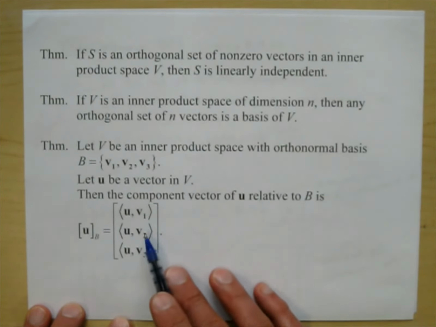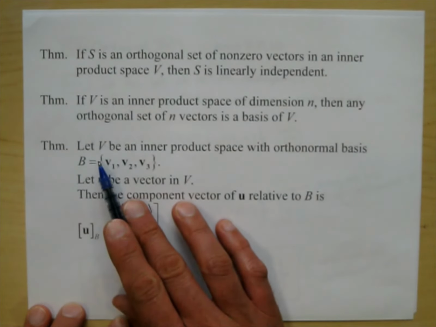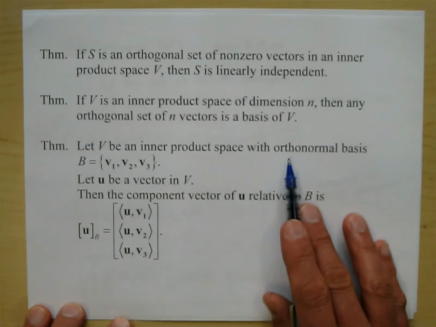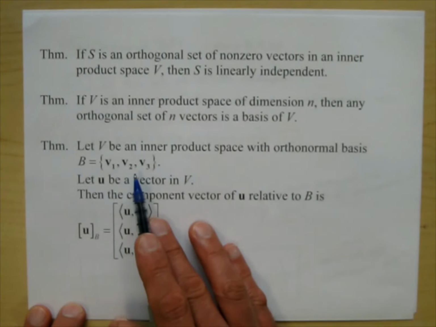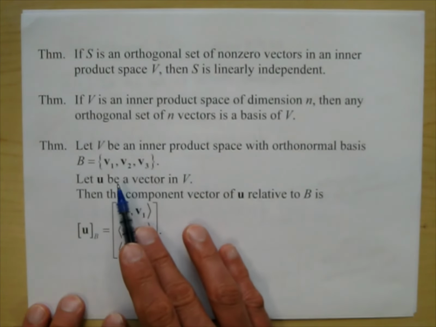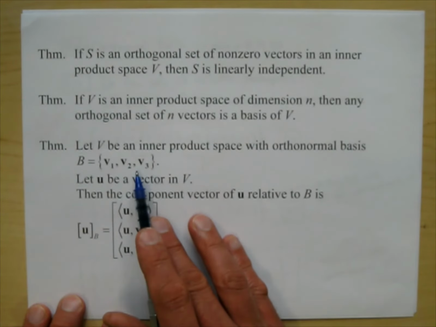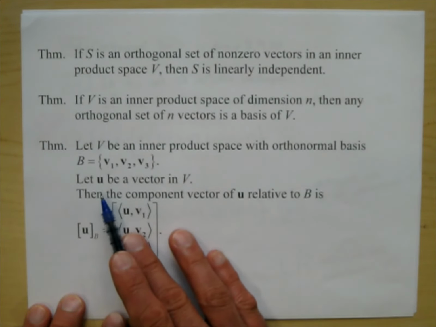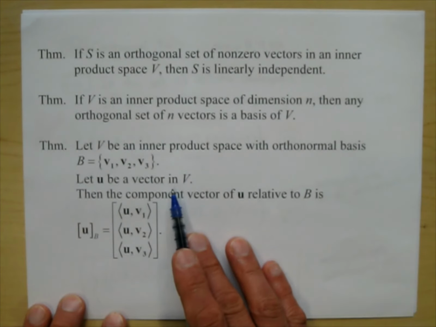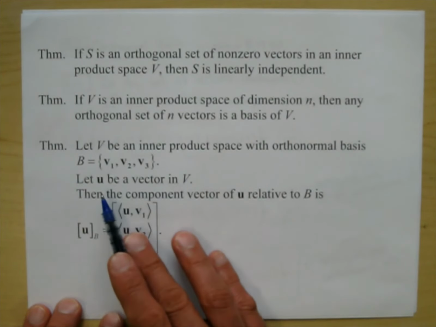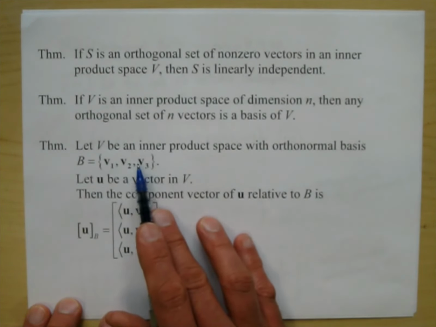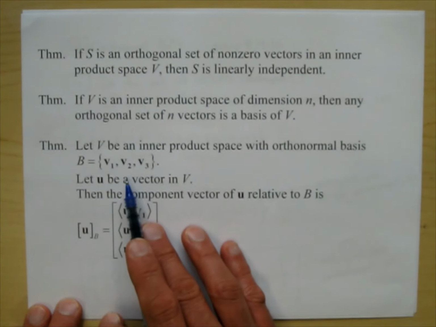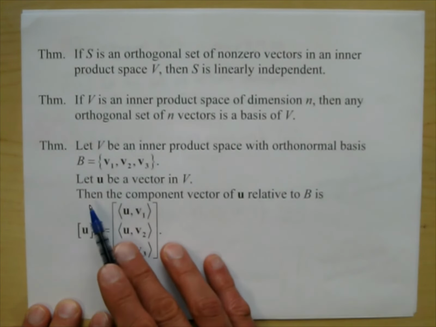And then here's something else, and we probably won't even use this in our homework. V is an inner product space with an orthonormal basis V1, V2, V3. Okay, we're going to make this vector space V have dimension 3. Let U be a vector. Sometimes you want to find the component vector, which is a pain because you have to write these as linear combinations and maybe do a system of equations. Watch this.